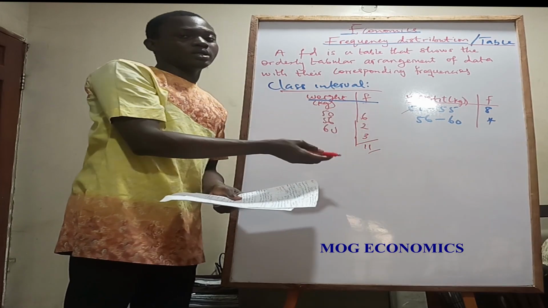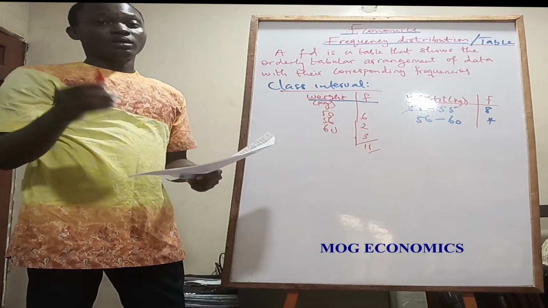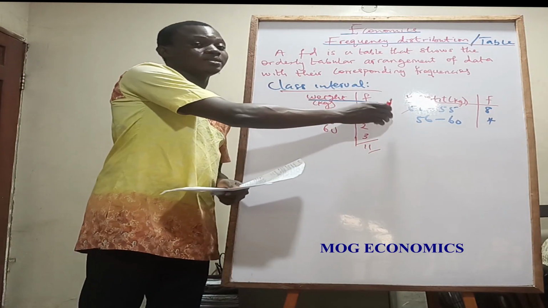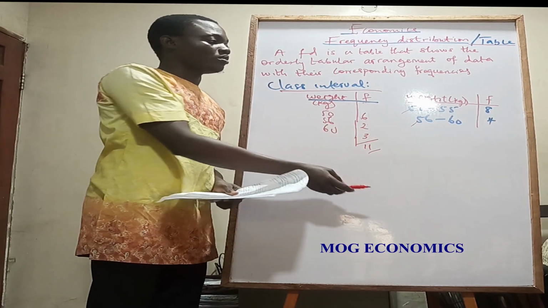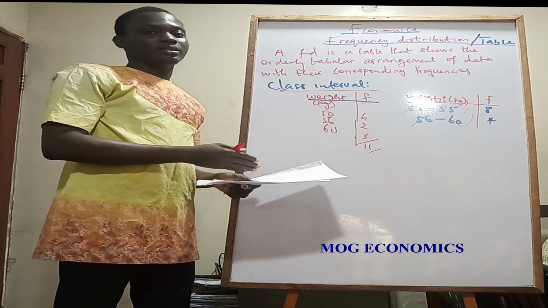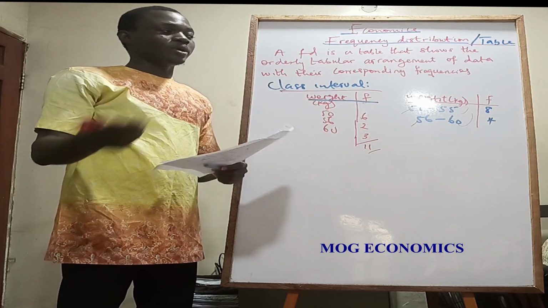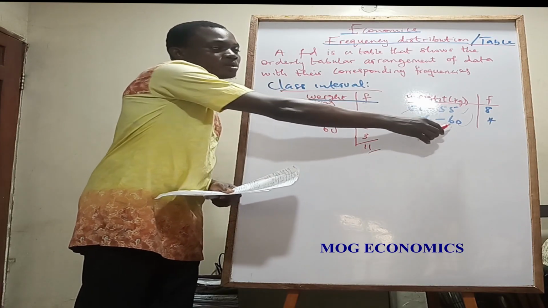This number here is the lower class limit, this number here is the lower class limit as well. Then this one is the upper class limit, and this one is the upper class limit. So in your interval you have lower, then upper.